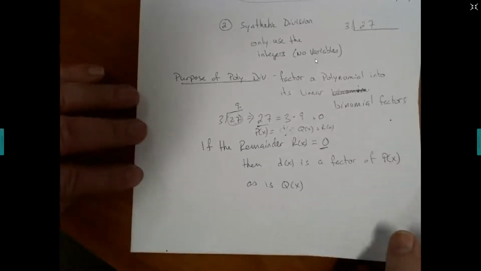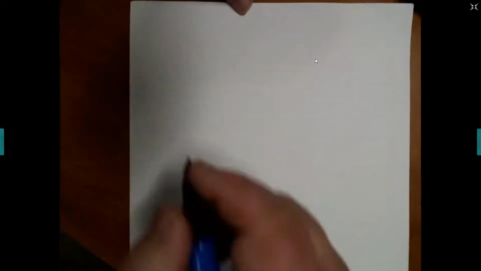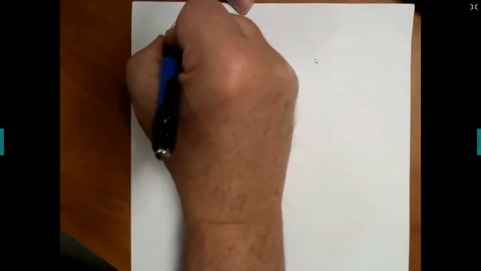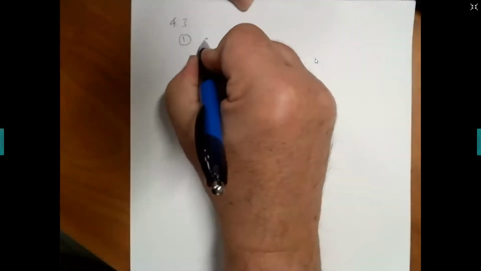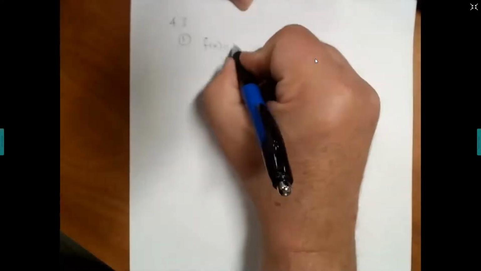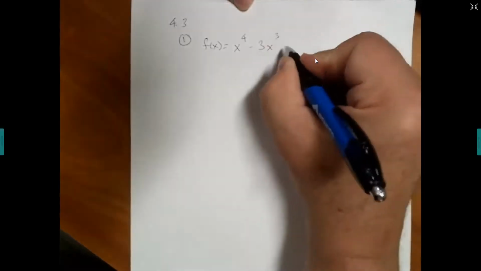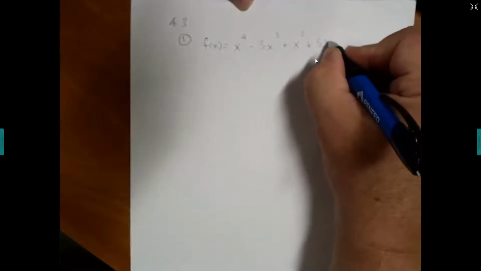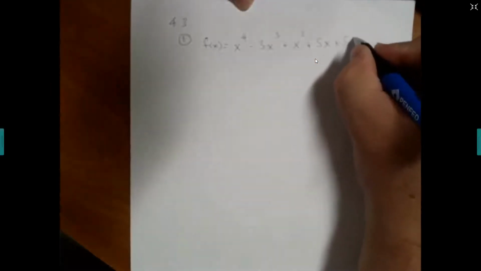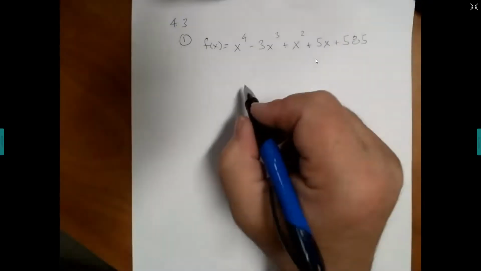Let's look at some of these examples. This is chapter 4, section 3. This is question 1. We have this polynomial.